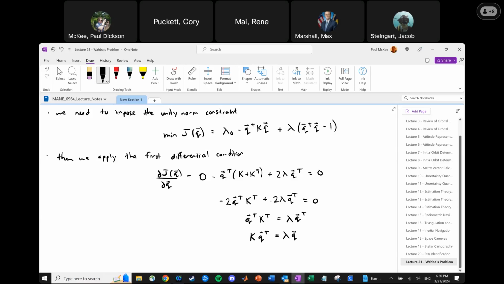Oh, I'm sorry. KQ is equal to lambda q. There we go. Okay. Does this look familiar? I hope it does, because this is the characteristic equation of an eigendecomposition problem. So this is an eigenvalue eigenvector problem.